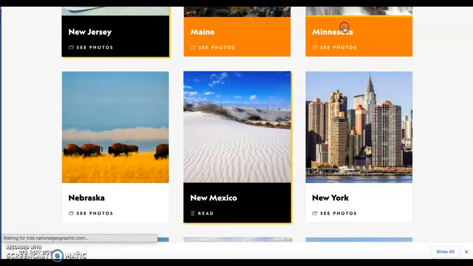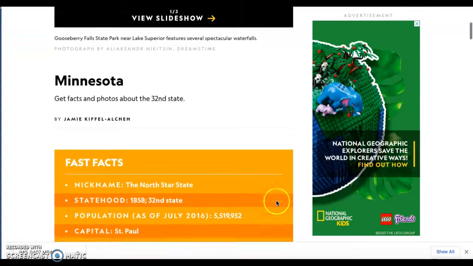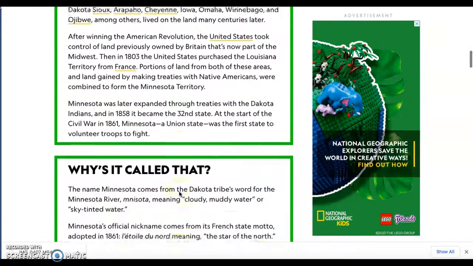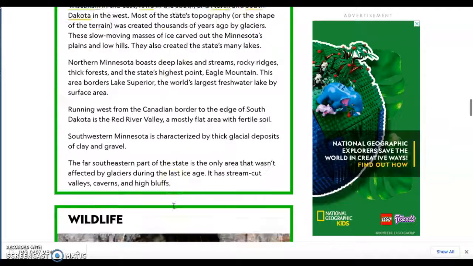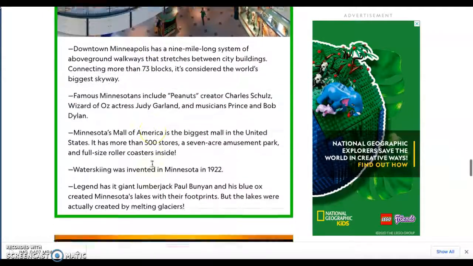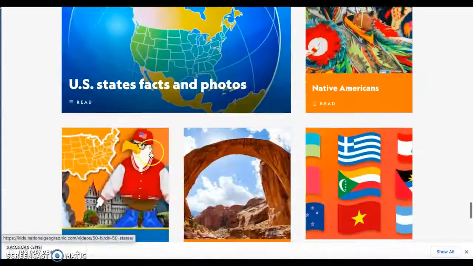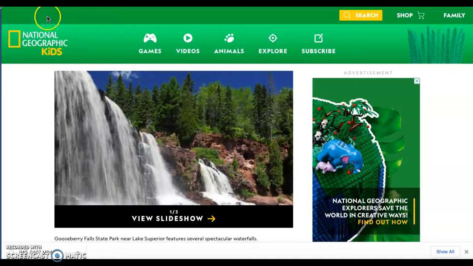Here we go. It has some slideshows, and then facts, history, why is it called that, geography, wildlife, natural resources, fun. So this one doesn't really have any information, and that's a good thing to know. So you don't want to go to National Geographic for kids.